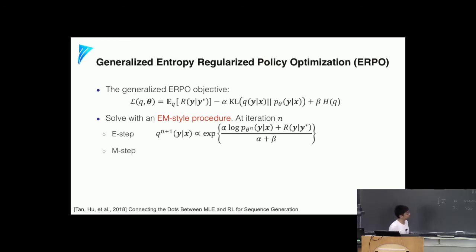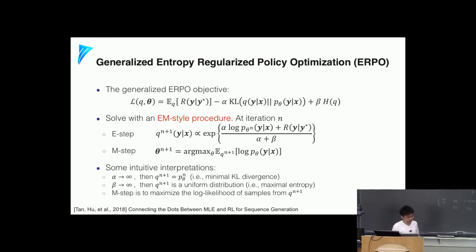For the M step, again we find the relevant term with regard to theta. So we basically want to minimize this KL divergence. So this is the M step.